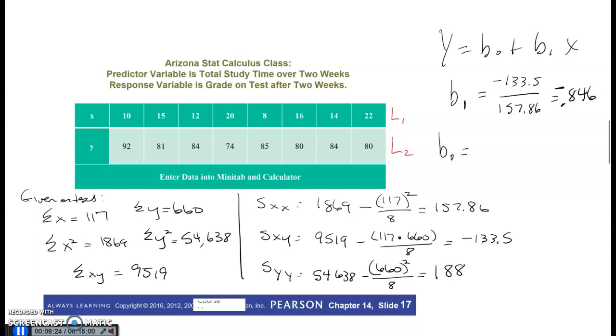Now, for b sub 0, I'm going to use the 1 over n. And since I have the summations, it's the summation of the y. You can use the other formula if you have your x bars, or you can quickly find your x bar and your y bar from your data. Minus the slope itself, which is negative 0.846.